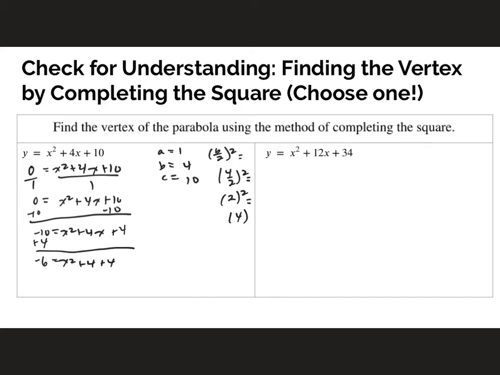What I'm going to do now is factor this as a perfect square trinomial. And remember that we can factor by completing the square by doing (x plus b over 2) squared. So I'm going to do x plus, and my b over 2 simplified to 2. So this is going to be (x plus 2) squared. And then this is still negative 6, right?